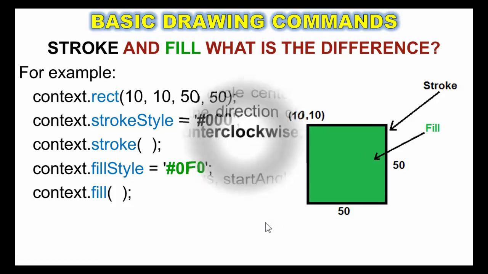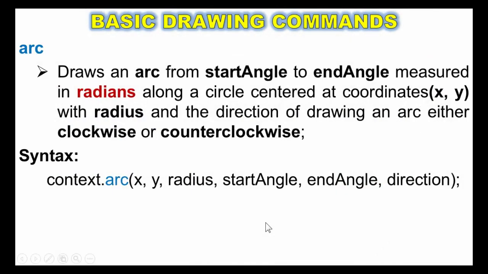The command arc draws an arc from a starting angle to an ending angle measured in radians along a circle centered at coordinates x, y with a radius, and then the direction of the drawing of an arc is either clockwise or counterclockwise.